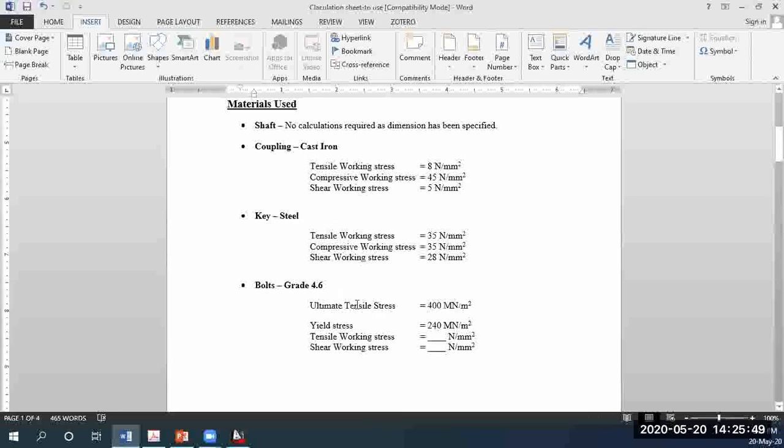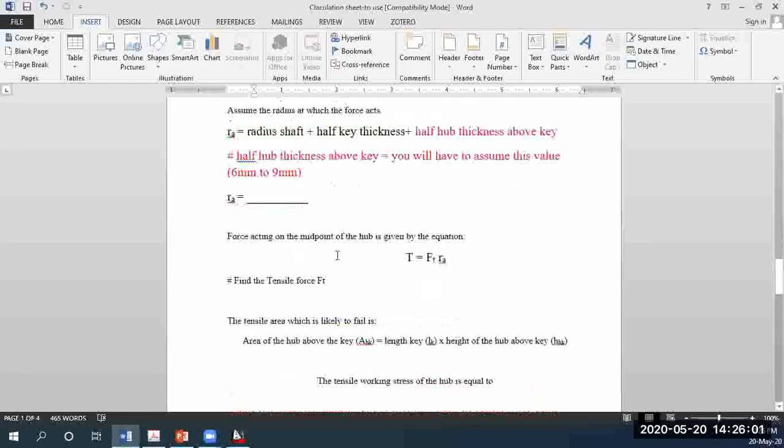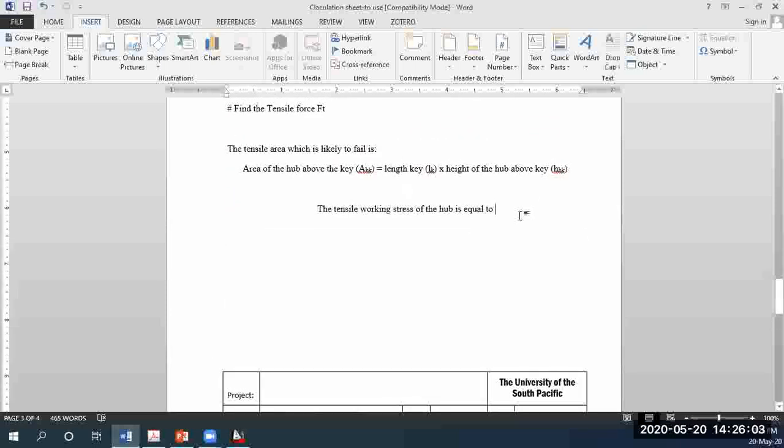The bolt is already predetermined. As for the coupling, the coupling includes the flange and the hub. So the tensile working stress given is 8 Newton per millimeter square. So you input that here: equal to 8 Newton per millimeter square.